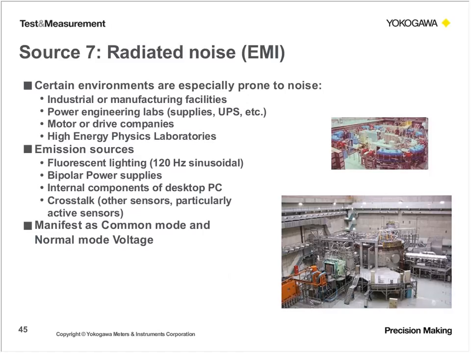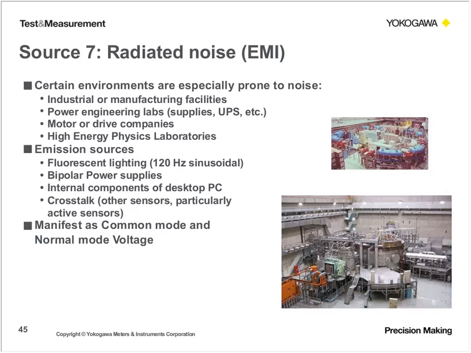The last type of noise that I want to get into, probably the one that everyone thinks of first, is radiated noise. This is noise that can occur throughout your facility in the air. In certain types of environments, especially manufacturing or industrial facilities, or maybe a high power laboratory, you'll have a lot of electromagnetic noise sources emanating through all the different devices that you're trying to measure.